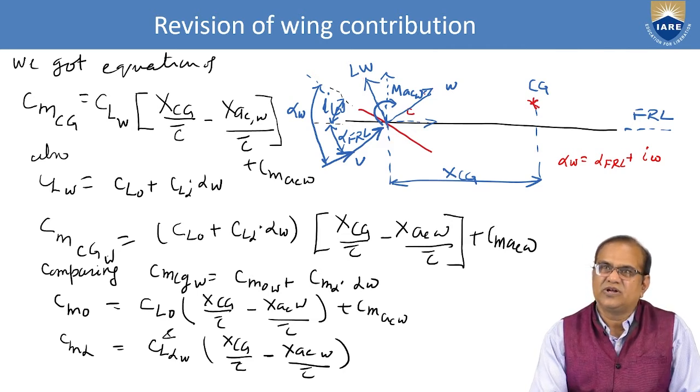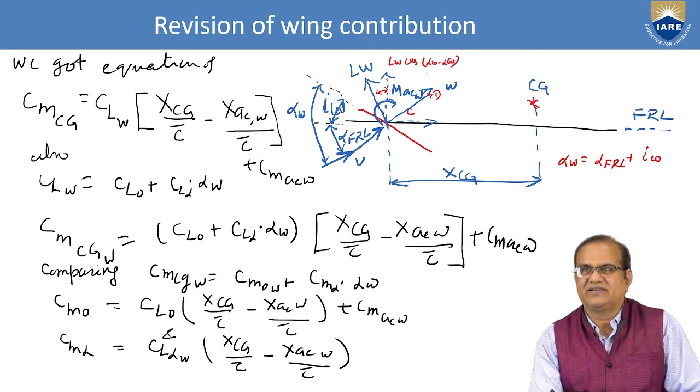So this here will be the drag, and the vertical component here will be LW cos of this angle. So we can write LW cos (alpha W minus IW), or FRL.